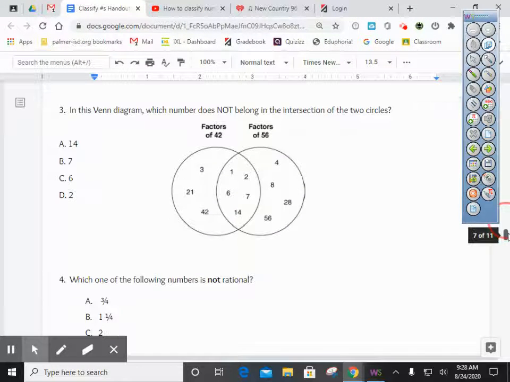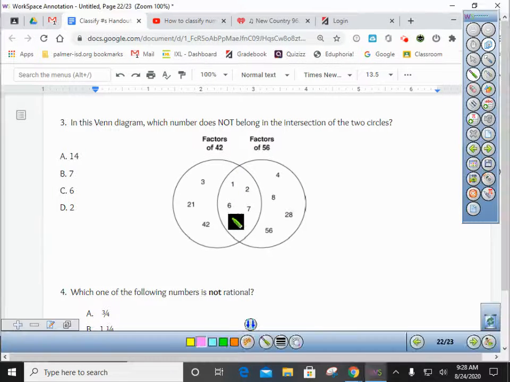And then I want to look at number 3. So turn the page and look at number 3. In this Venn diagram, which number does not belong in the intersection of the 2 circles? So you're looking for what does not fit. And that says factors of 42 and factors of 56. What is a factor?